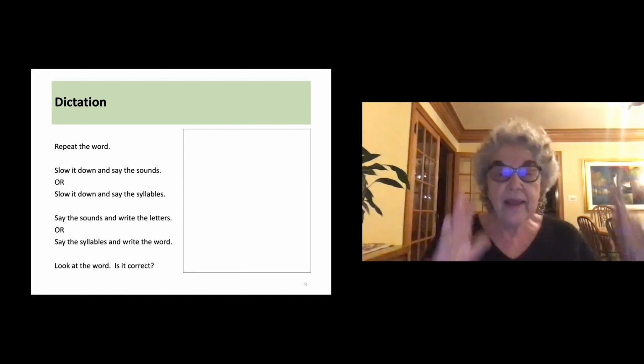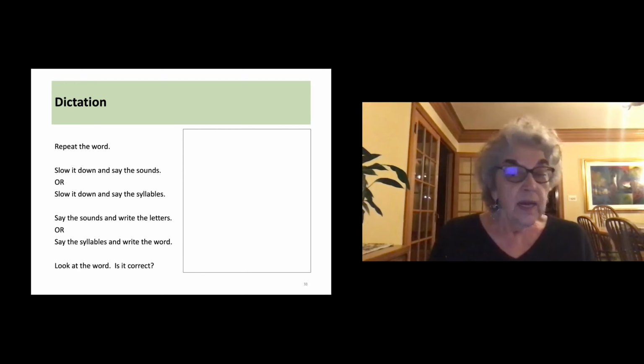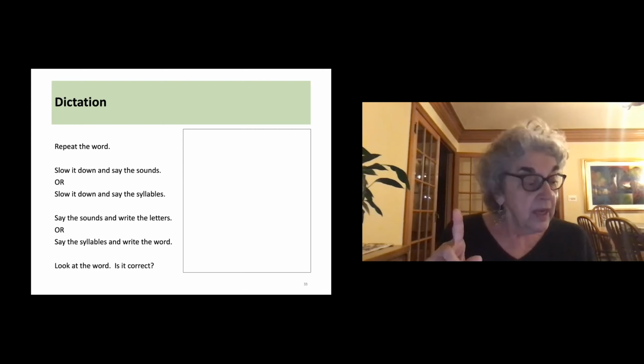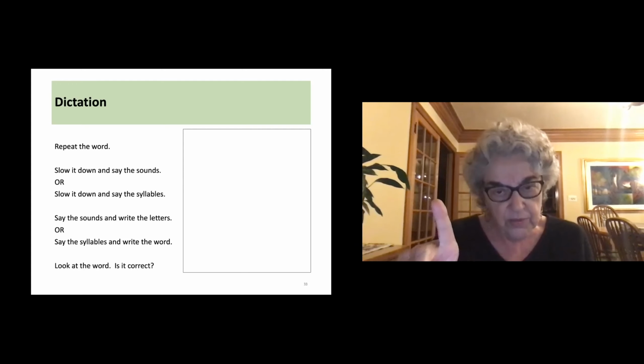All right, so back to being my students. Okay, students, our first word is wrote. What word? Wrote. And put your hand down and you're going to tap out the sounds, and go. Wrote. But there's a tricky part of this word.